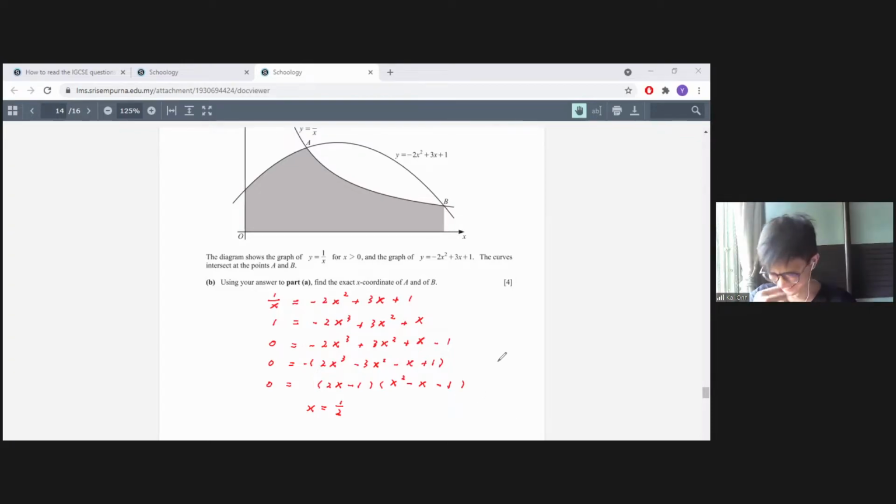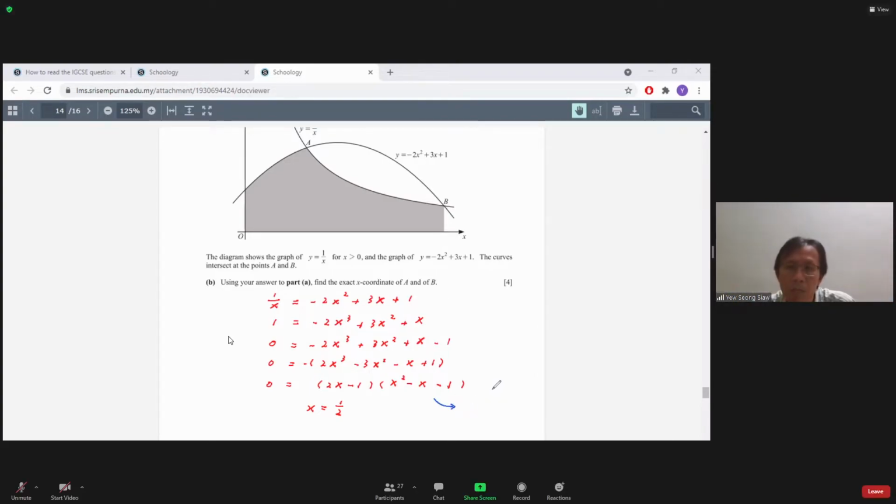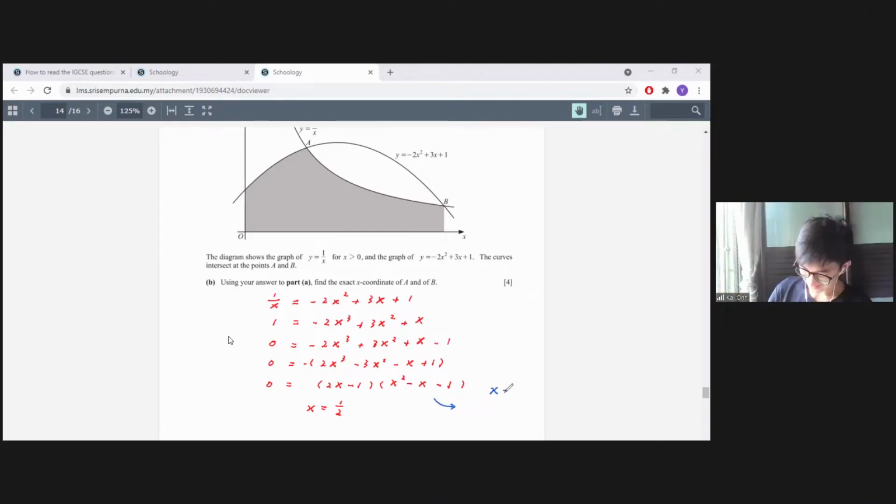Use the quadratic formula. Yeah, quadratic formula. What is the formula? Negative b plus minus square root of b squared minus 4ac, divided by 2a.